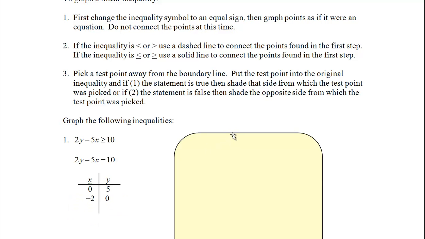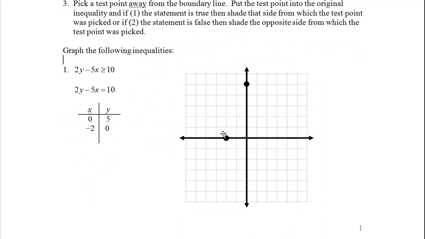I'm going to graph those points. First change the inequality symbol to an equal sign and graph the points as if it were an equation. So that's all I did. I graphed my points. It would be nice if you do label. Right now it just saves me time, and this thing's not that huge. So I did graph -2, 0, and 0, 5.